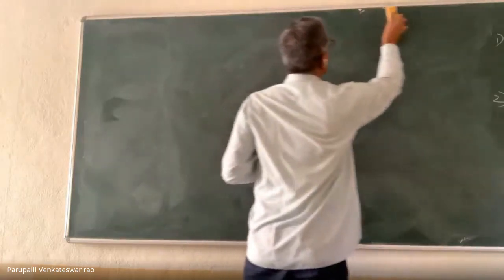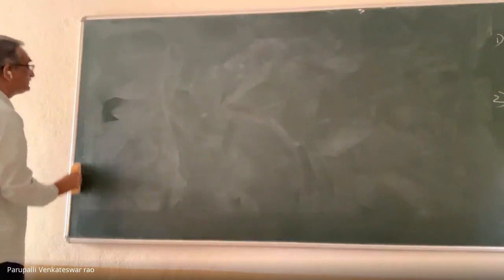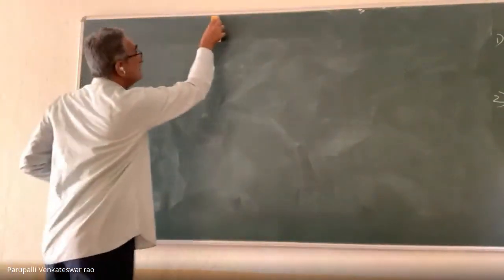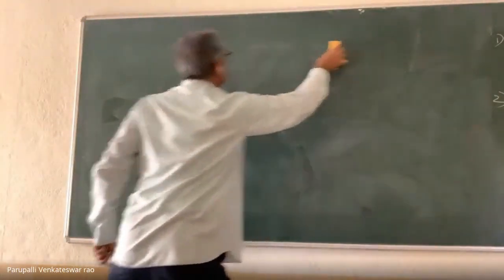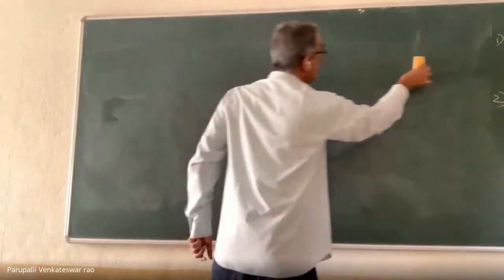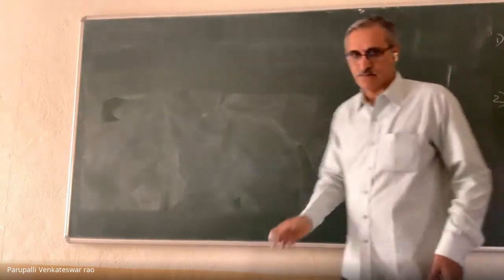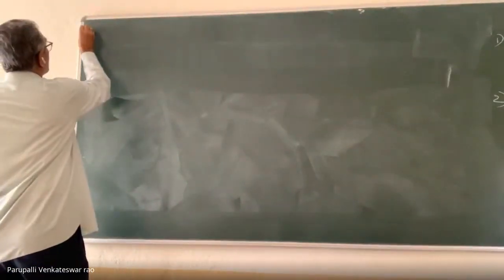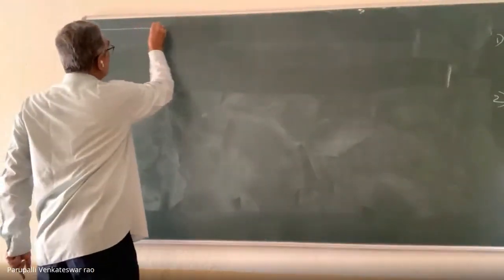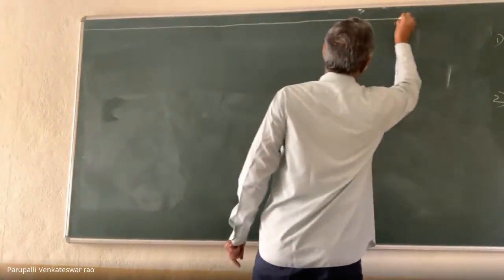So white pages, then I will take up the cash book. I am drawing lines. Start from the left side, draw the columns so that you can manage the space.